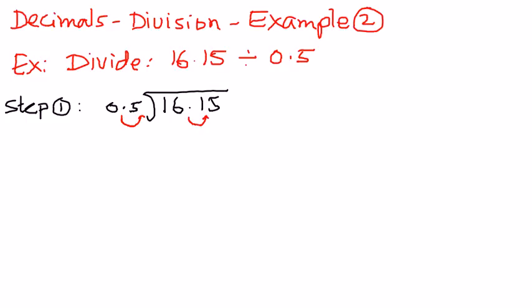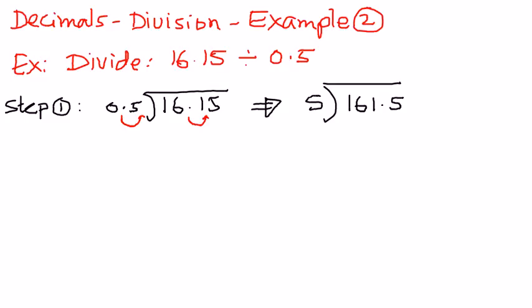So we can write this step as 5 and then this number as 161.5. So we have multiplied both the numbers, 16.15 by 10 and 0.5 by 10.